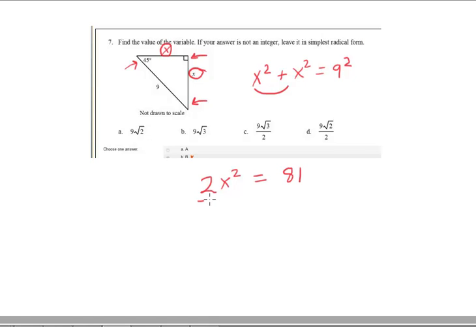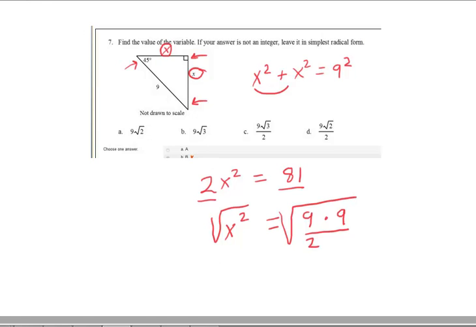So now I'm going to divide by 2. That leaves me with x squared equals, well, this is 9 times 9 divided by 2. So we take the square root of both sides.